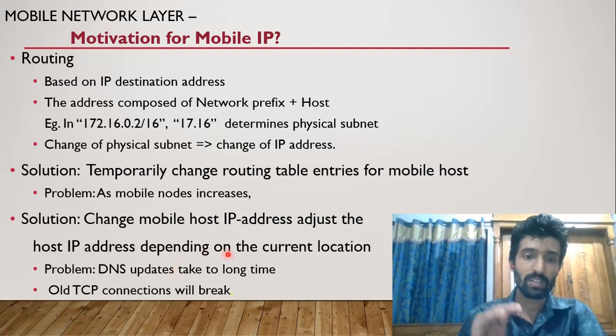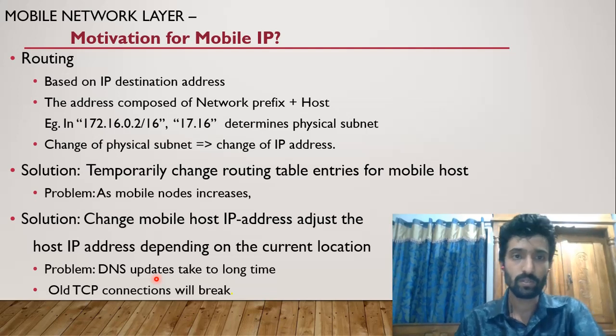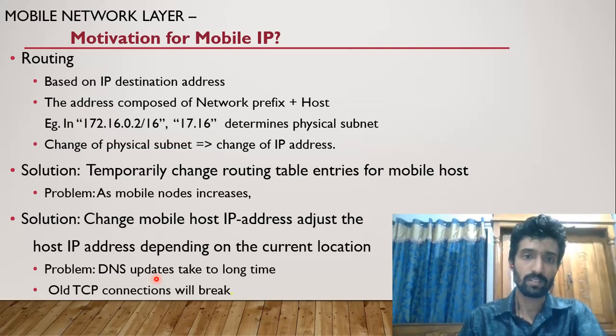So the moment the IP address of the destination machine changes, the packets will be lost. So this solution is also not feasible. The point here is that we need a specialized protocol for incorporating mobility in the network layer. The solution for this is what we are going to learn in this topic, called mobile IP.